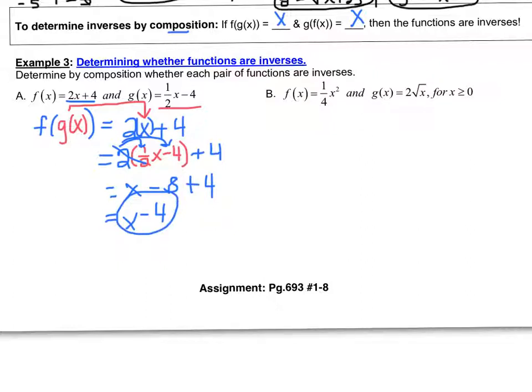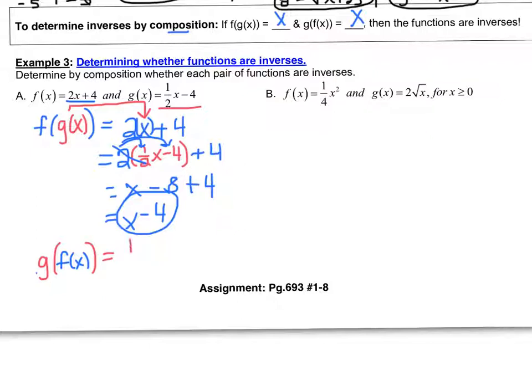Alright, let's see what we get when we do the composition the other way. This time, let's do g, oops, I'll use red. We'll do g of f of x. So we're going to plug the blue f part into the g equation.